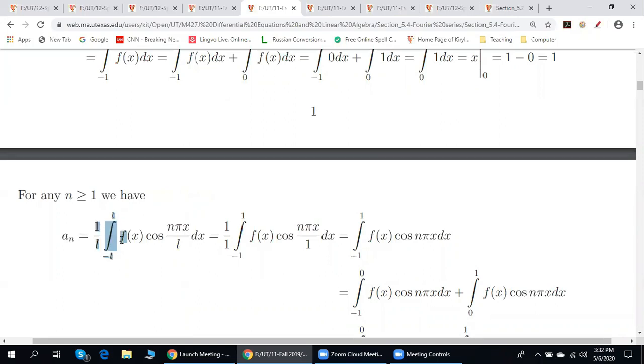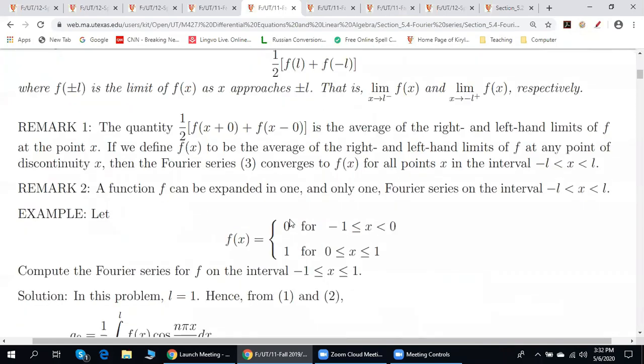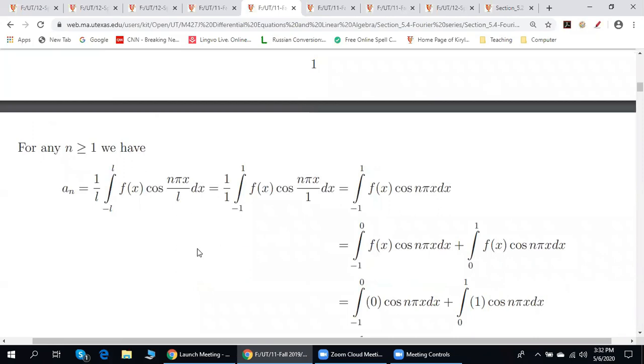Again, for convenience, we copy this formula. And then, as before, we replace L here, here, here, and here by 1. 1 over 1 is 1, disappears. And pi x over 1 is n pi x.